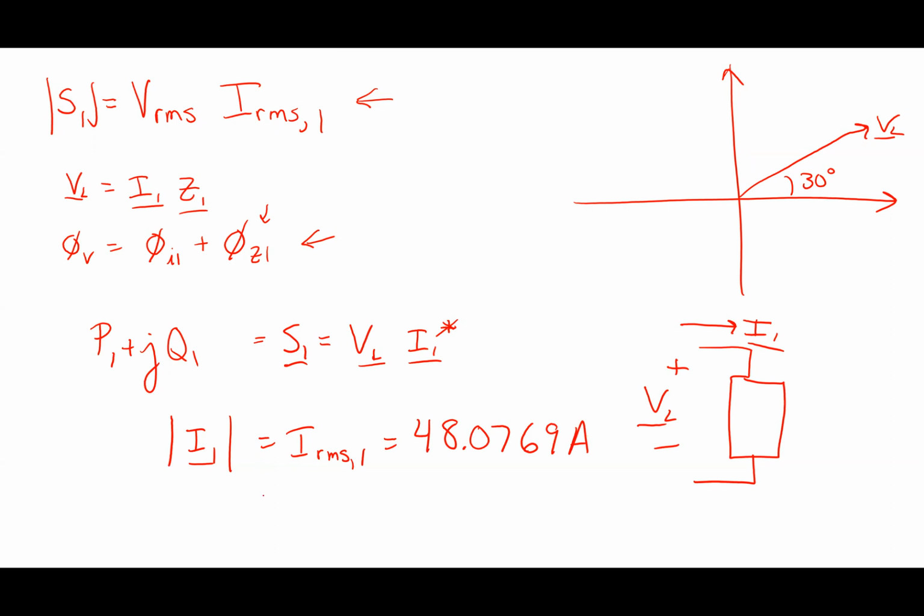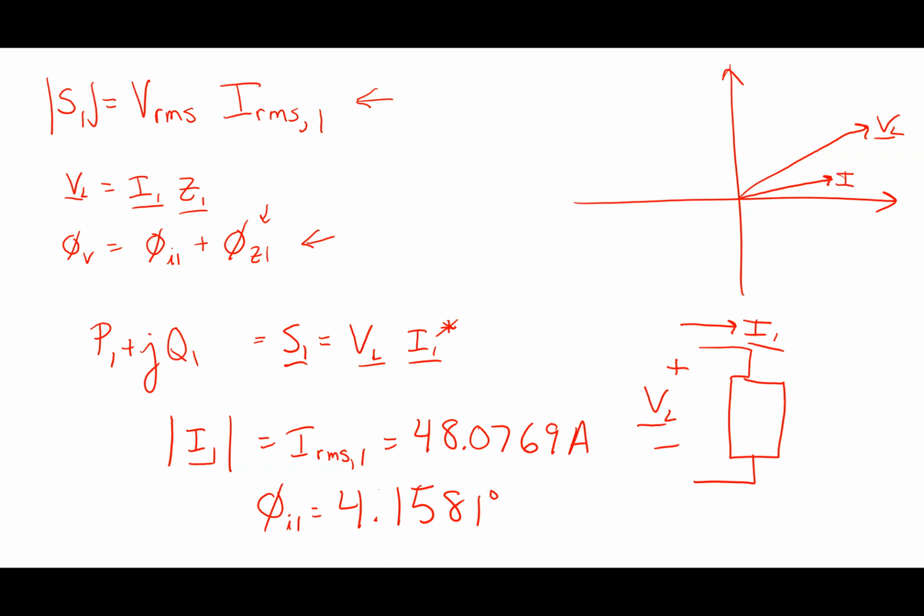And the angle of it, what I called phi I1 here, works out to be in the first quadrant, 4.1581 degrees. It's lagging, right? But it's going to be right over here. Like that. So here's I.